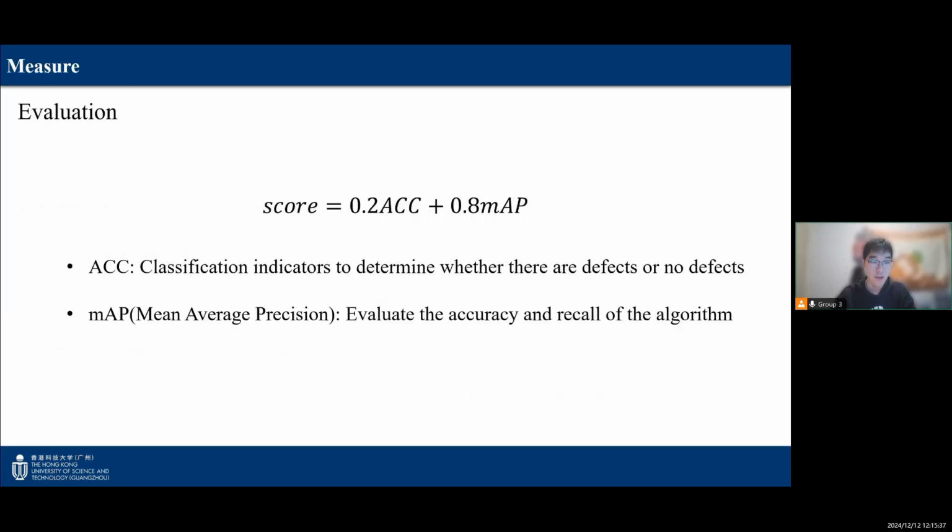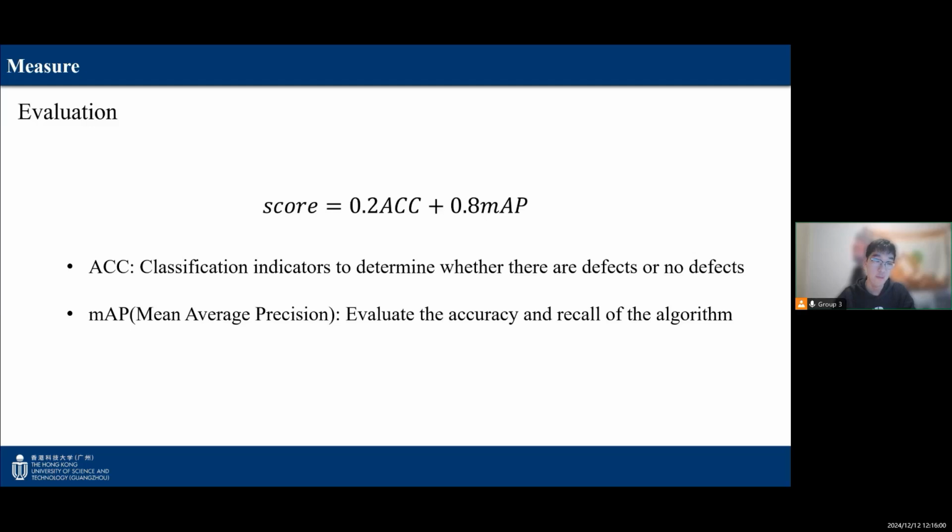To evaluate our algorithm, we design a score which combines the accuracy and the mAP. The accuracy stands for the classification indicator, to determine whether there are defects or no defects in the samples.